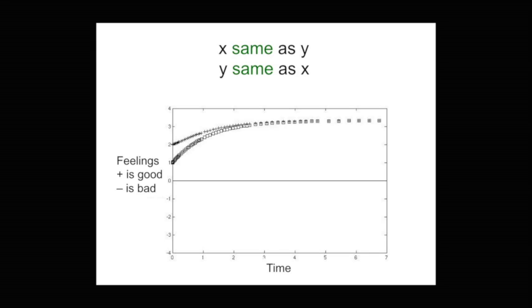So what we do is we put these equations into a computer from these very simple assumptions, shown on this graph, where the vertical axis is the emotional state of each person, where up is happy and down is unhappy, and we compute on the horizontal axis what happens in time.